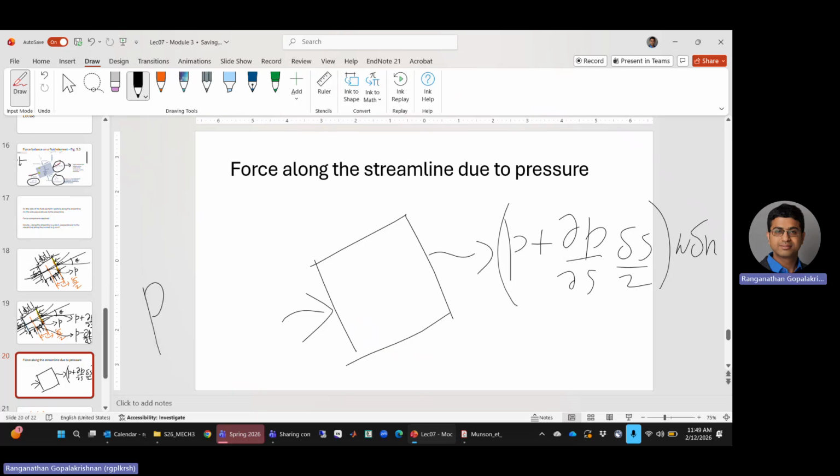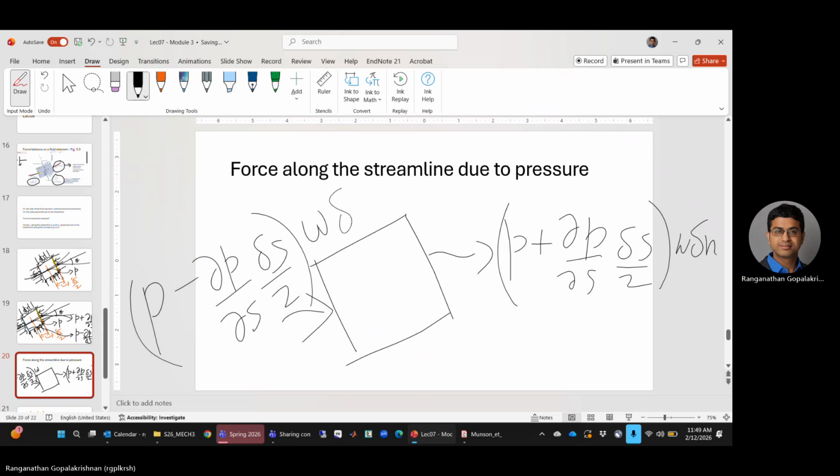P minus pressure gradient times delta S divided by 2, times W delta N. W being the width that is coming outside.